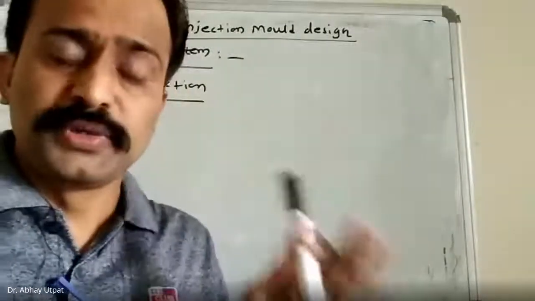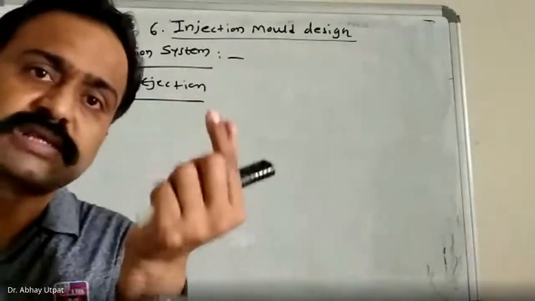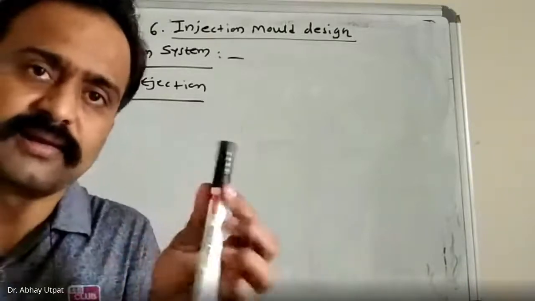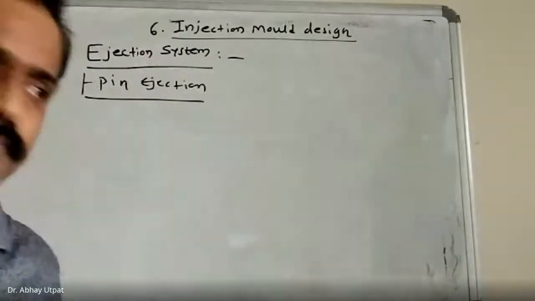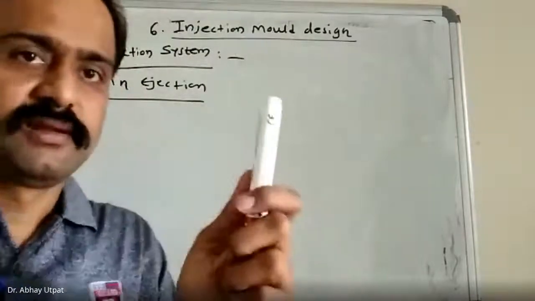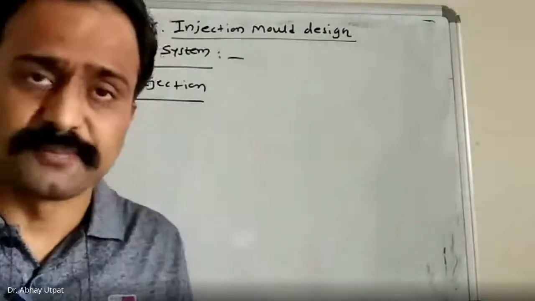I already told you in the previous class, pin doesn't mean a hairpin or a small diameter wire. We are calling it a pin, but it is actually a rod. See this pin. Such pins or rods are used.